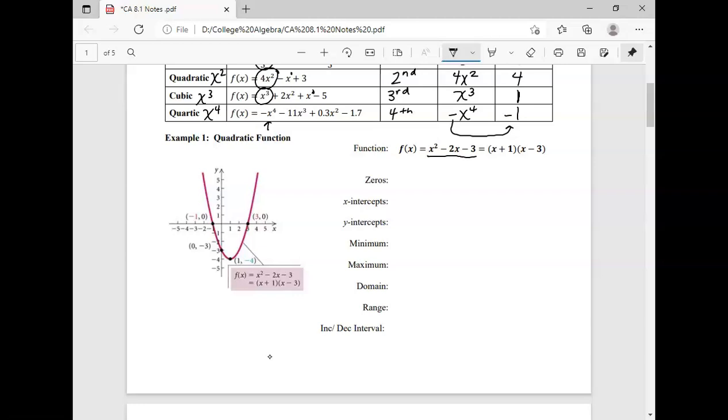It's a second degree polynomial because the highest power of x is a 2. We can look at the graph and tell that we have some x-intercepts. Our x-intercepts are (3, 0) and (-1, 0). So we can come over here and write those down.